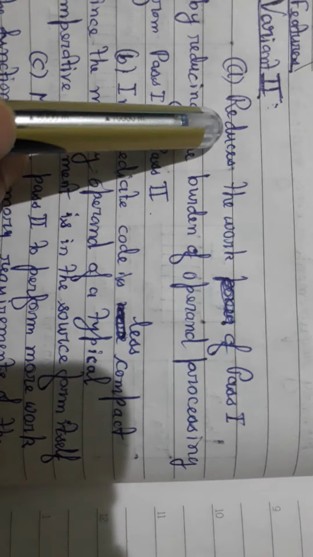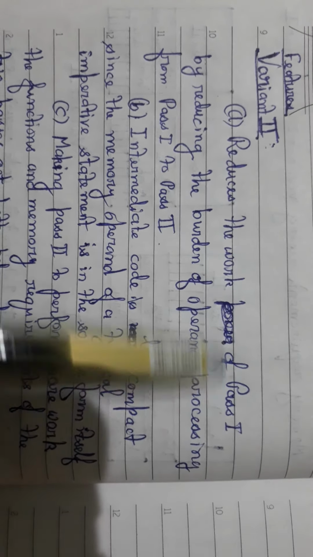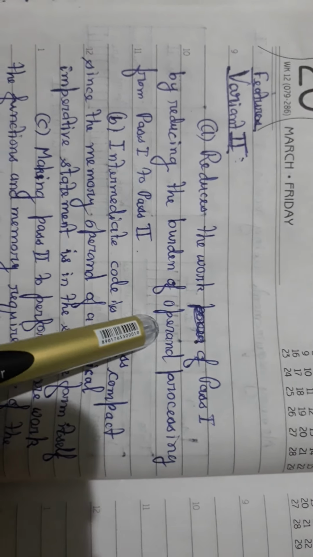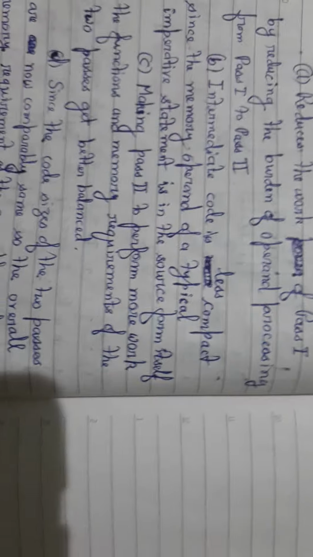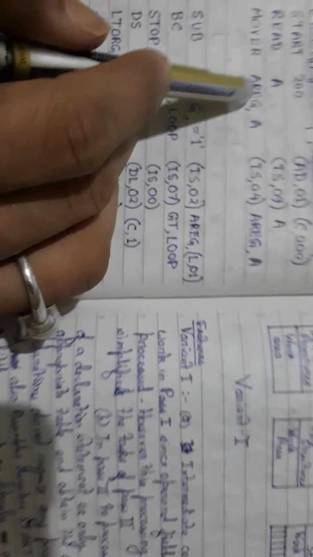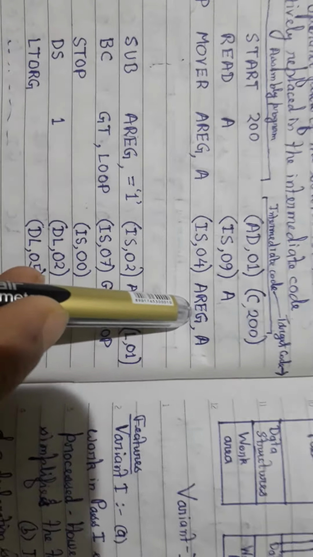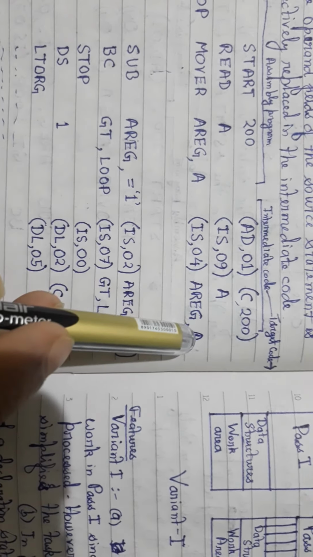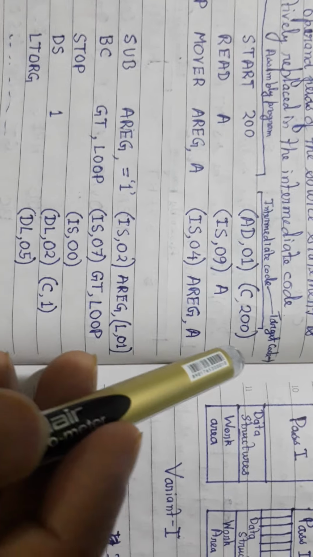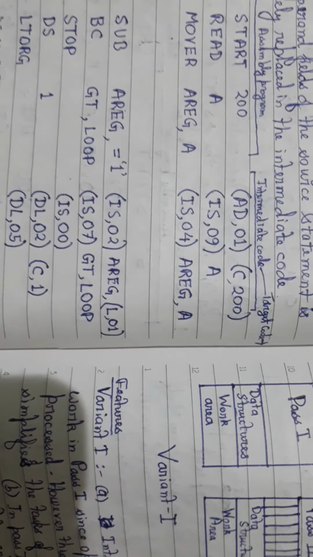That is why it reduces the work of pass 1 by shifting the burden of operand processing from pass 1 to pass 2. Since the operand is kept as it is in the first pass, the operands will be converted to target code in pass 2.